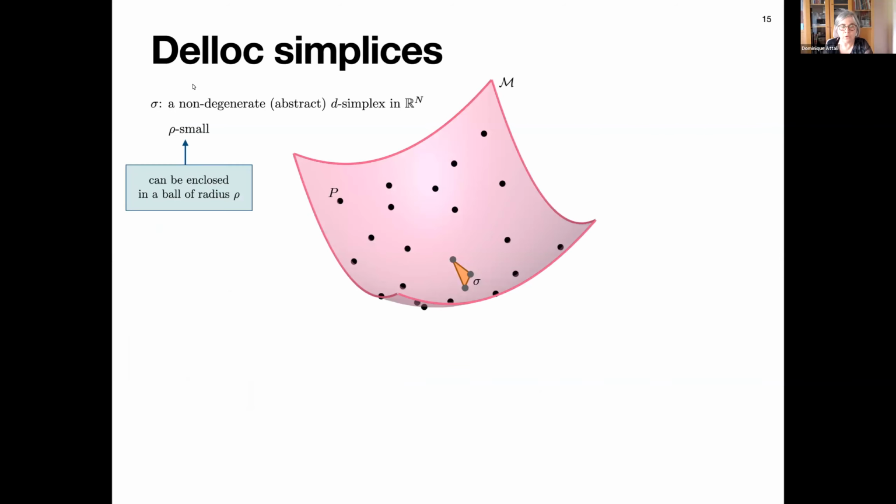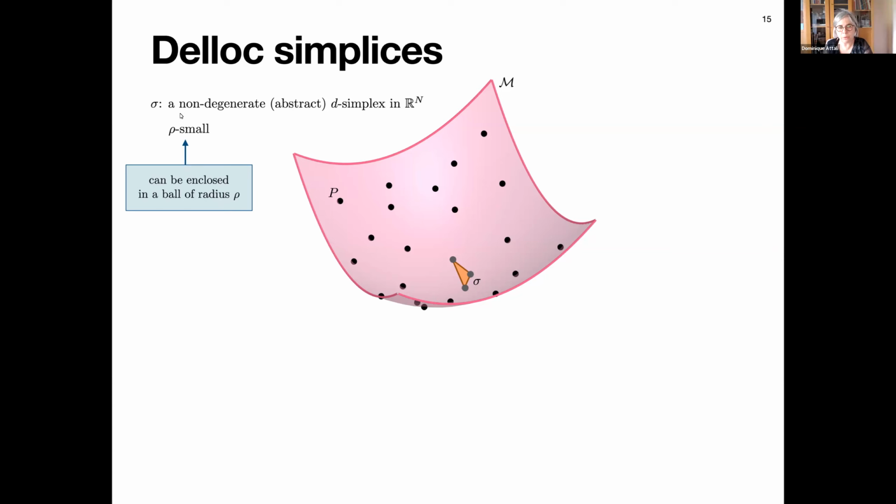So first, I'm going to define what we mean by a Delloc simplex. For this, consider a simplex sigma that is a non-degenerate abstract d-simplex in Rn. So really, sigma is a finite set of vertices. And we're going to assume that sigma is rho small.